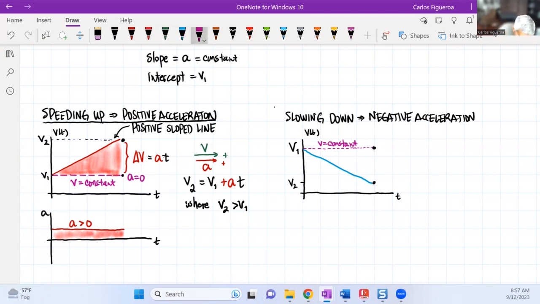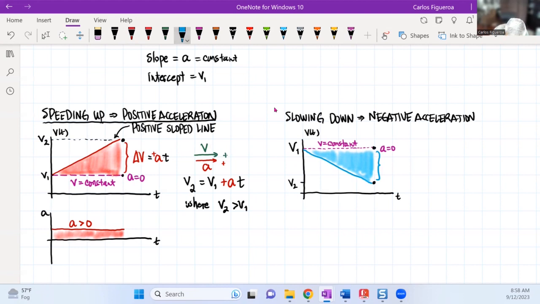So if I look at the same type of thing, again, this is my zero acceleration line. But in this situation, there is a decrease in speed. In other words, over here we had a positive acceleration.